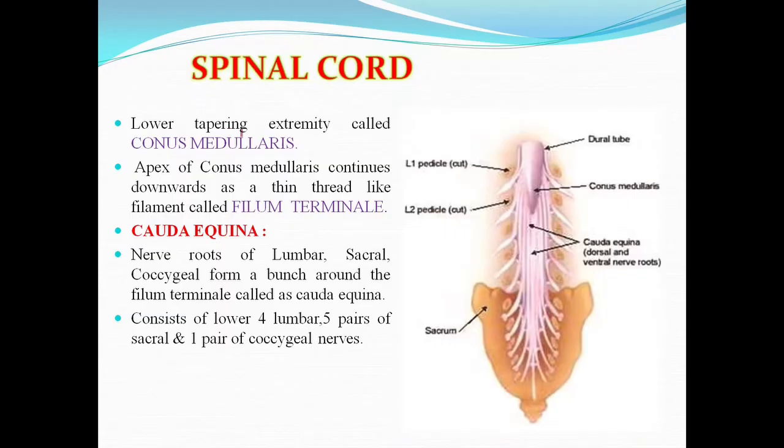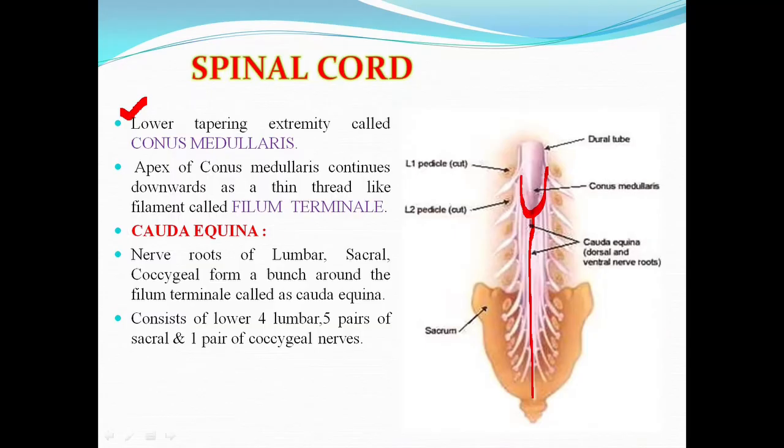At the L1 level is the lower tapering extremity. At the L1 level, the spinal cord becomes cone-shaped, called the conus medullaris. From the conus medullaris, we can see a descending extension, which I am going to call the filum terminale.